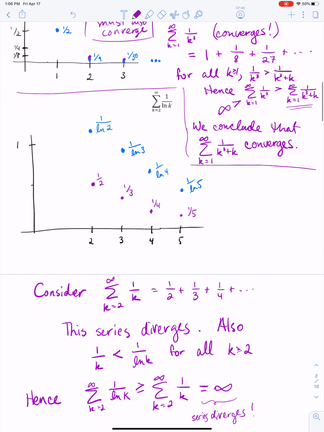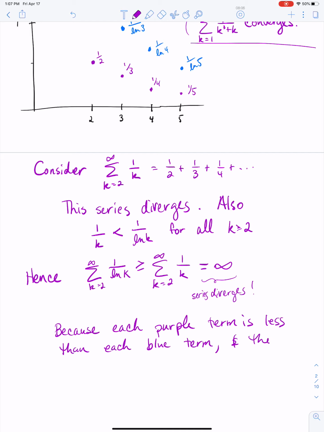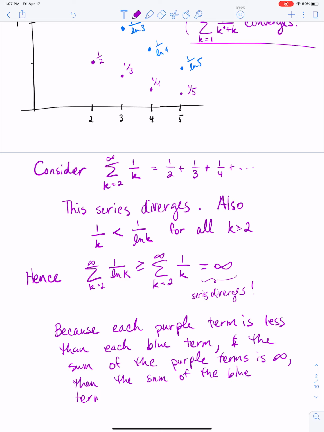So this will be our summary here. Because each purple term is less than each blue term, and the sum of the purple terms is infinite, then the sum of the blue terms is also infinite.